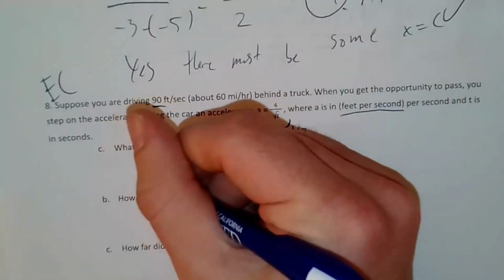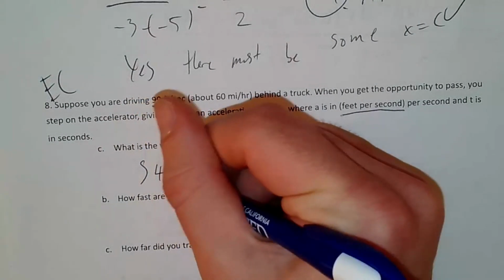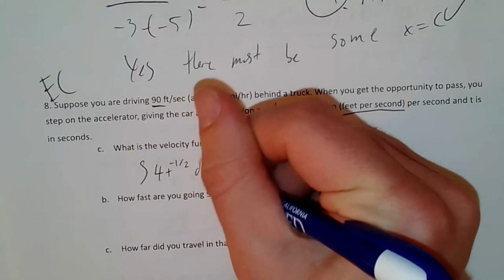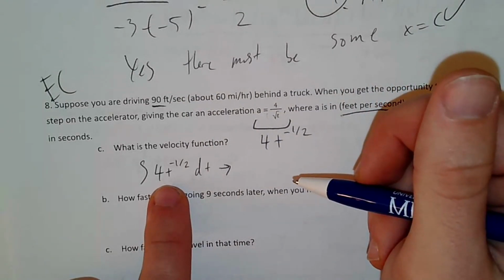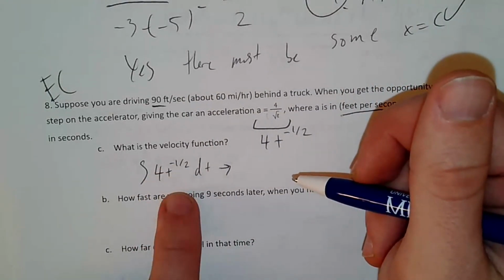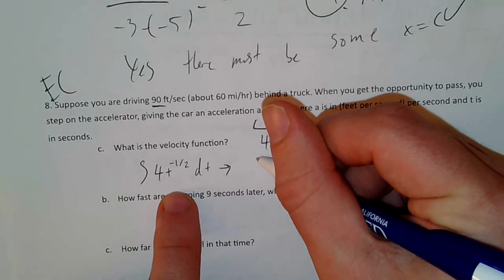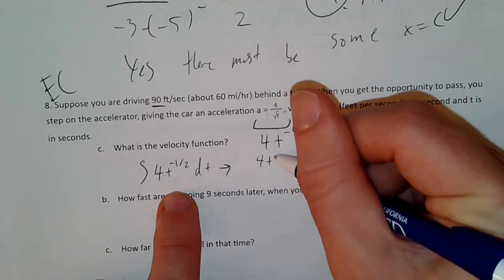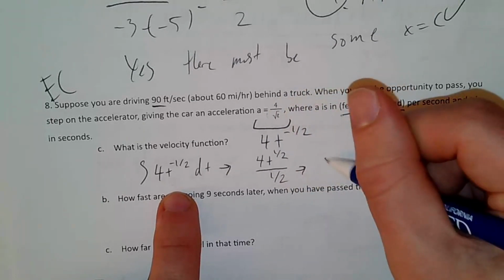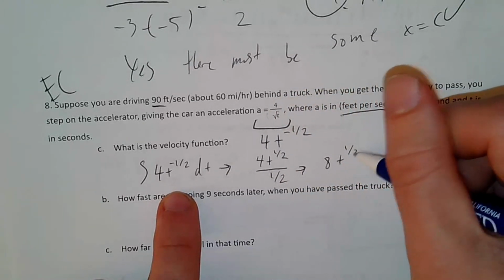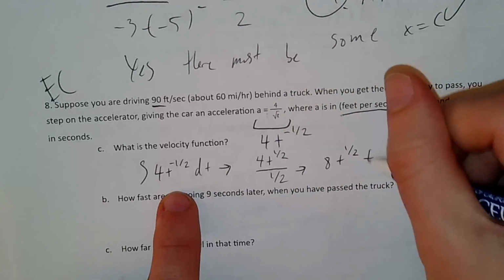So taking the integral of 4t to the -1/2 dt is, so plus 1 and divide. So it's going to be 4t to the 1/2 over 1/2, which is 8t to the 1/2 plus some c.